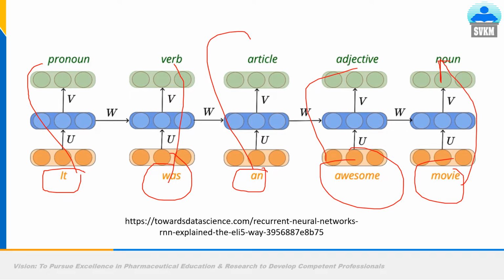So ultimately, what is happening: it was an awesome movie. Here the RNN network remembers the earlier word, that is awesome. It will suggest the next word based on training and probabilities. What are the chances of the word movie to be placed here after awesome? This all depends on its internal memory.